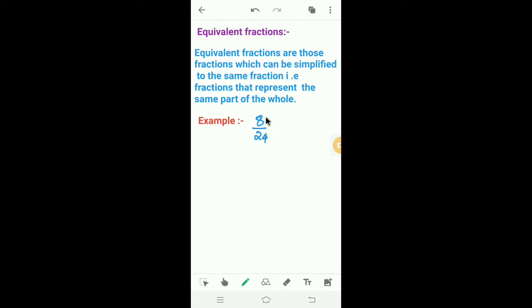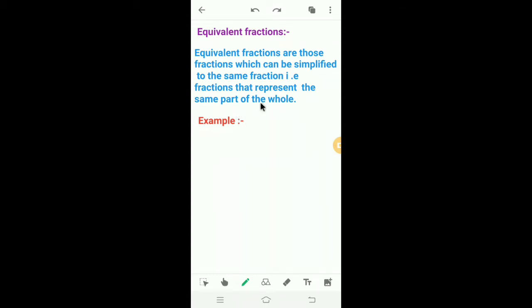Therefore, 8 ones are 8, 8 threes are 24. So 1 by 3 is the simplified form of 8 by 24.